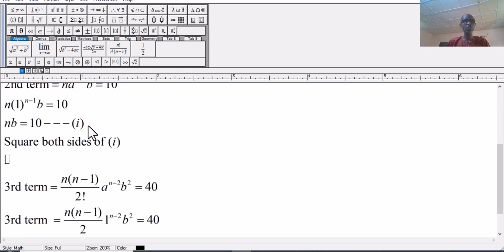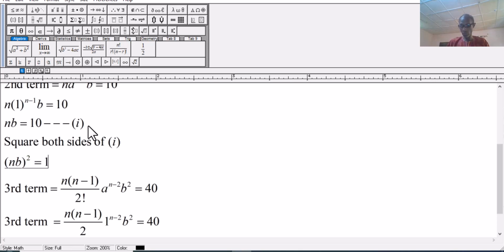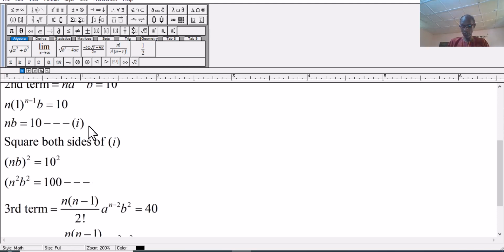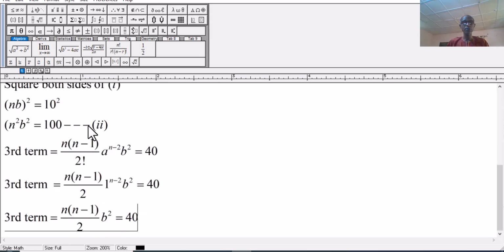If you square both sides, then you have n b all squared is equal to 10 all squared. So we have n squared b squared is equal to 100. Let's term this equation 2, and I will term this one my equation 3.